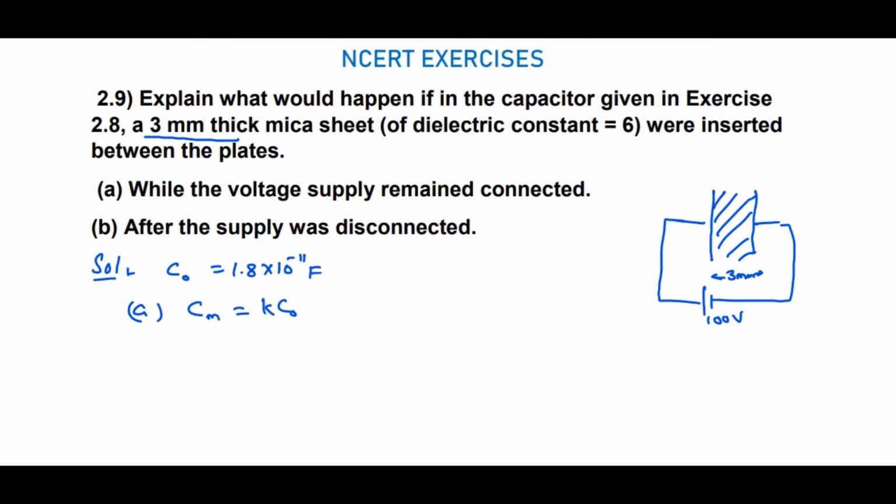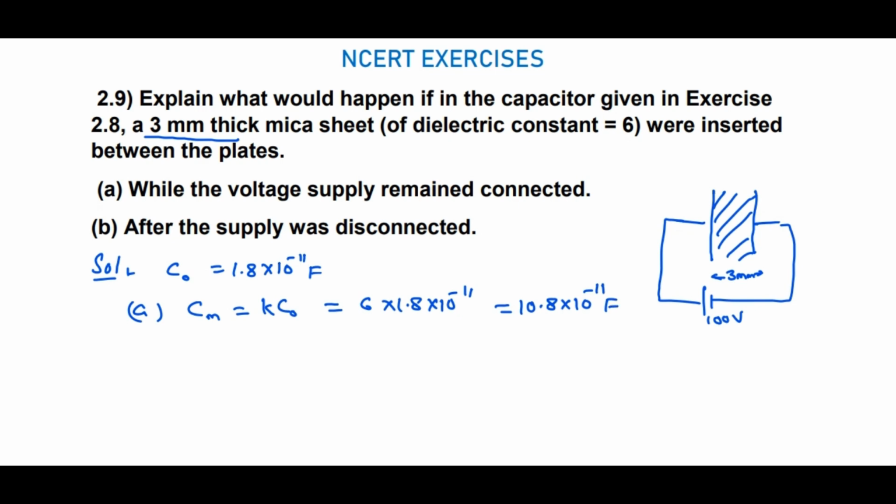C in the case of medium is equal to K times C0. This K value is 6 into 1.8 into 10 power minus 11. So, this value will be nearly 10.8 into 10 power minus 11 farad.